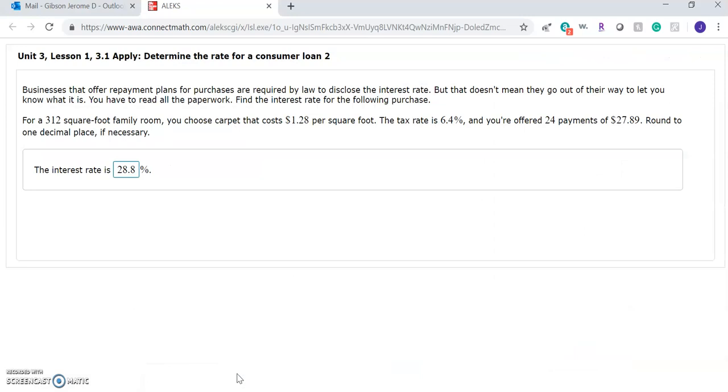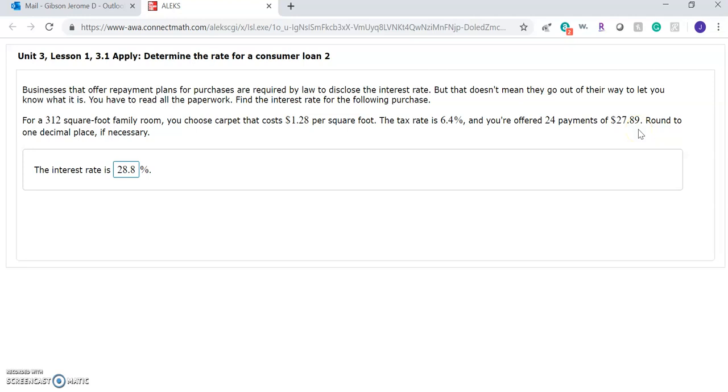Okay, so now what we have to do is use that future interest formula. Oh, we have to do the total payments. I forgot about that. Okay, when we do the future value or total of the payments, which we have here, it says and you're offered 24 payments of $27.89. We need to multiply that out as well.